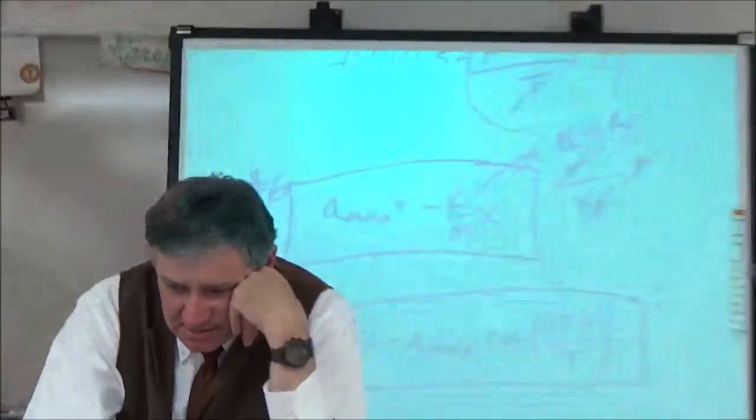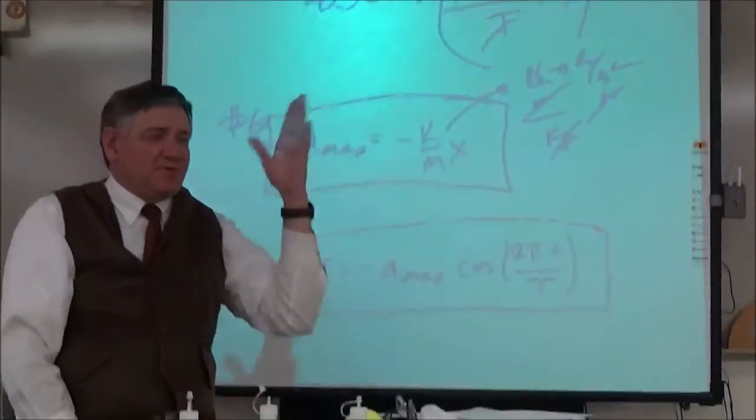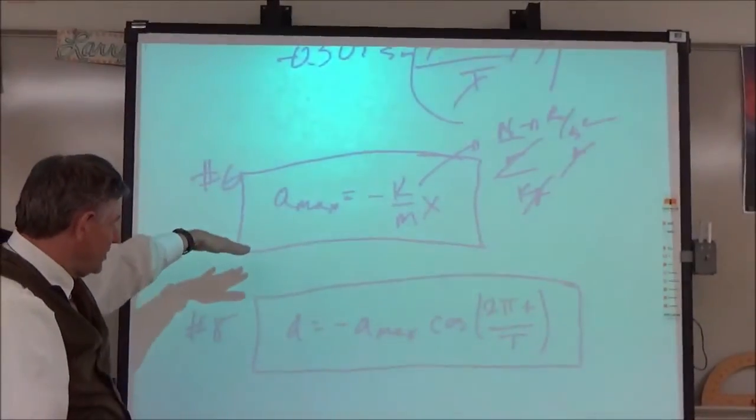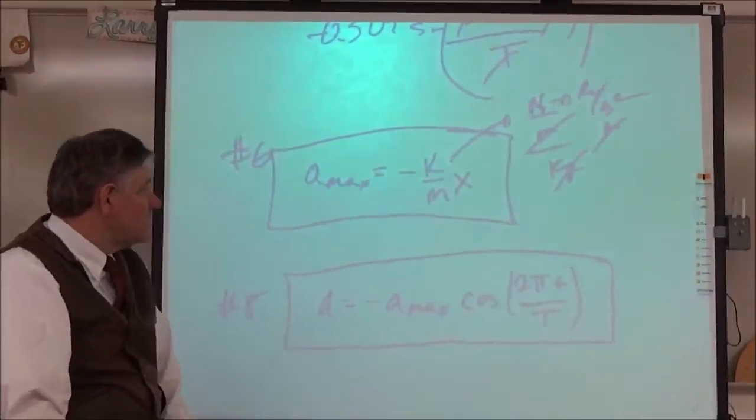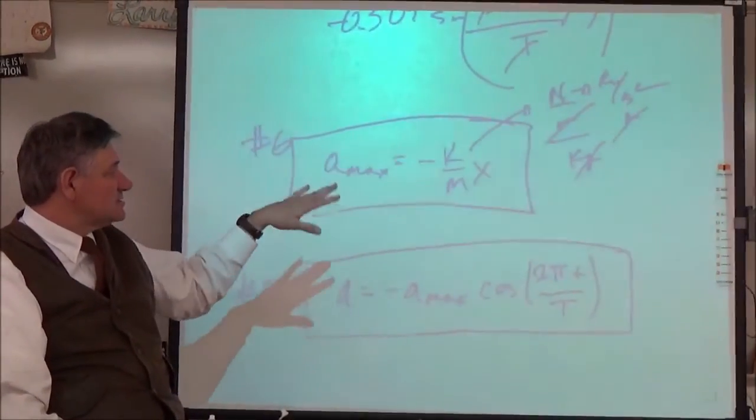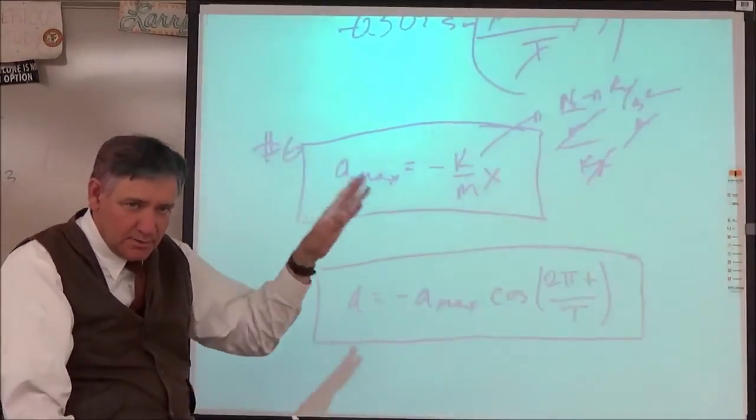If you go through all the mumbo jumbo, newtons are kilograms meters per second squared, you end up with acceleration, which is what we want that A max to be.